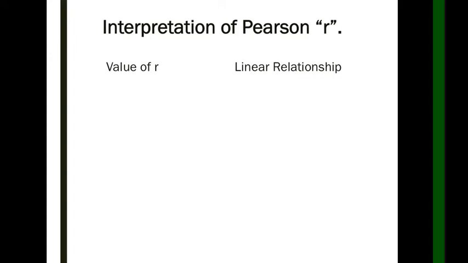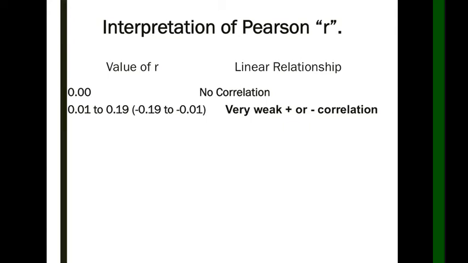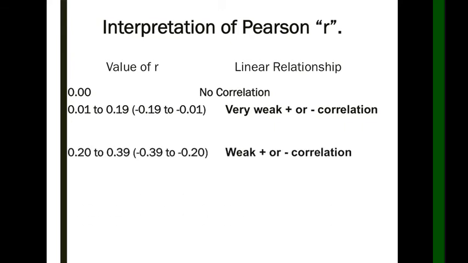The interpretation for the Pearson r will be used in Spearman rho. When the value of r is 0.00, the interpretation is no correlation. When it is 0.01 to 0.19 or negative 0.19 to negative 0.01, it is a very weak positive or negative correlation. The positive or negative correlation depends on the sign of your final answer for the r, and so on.